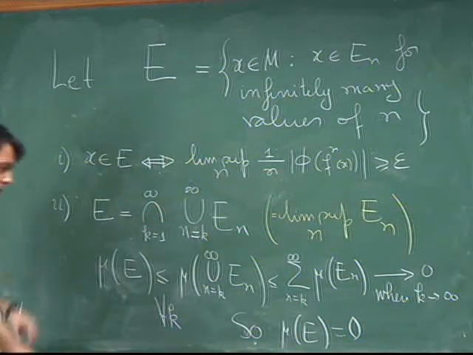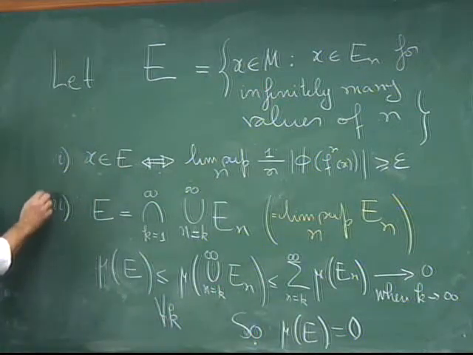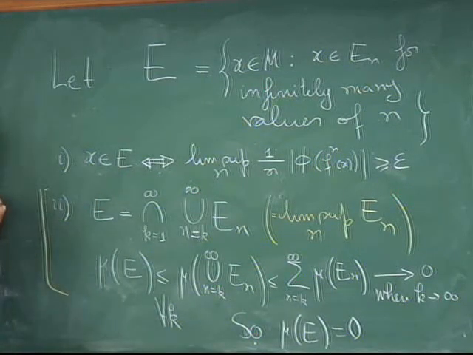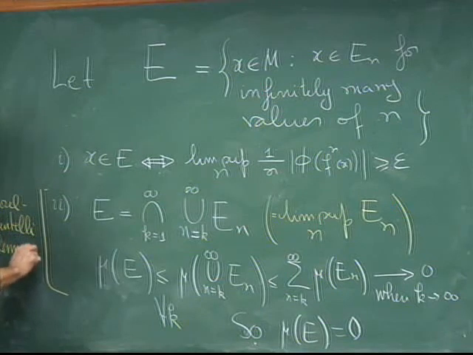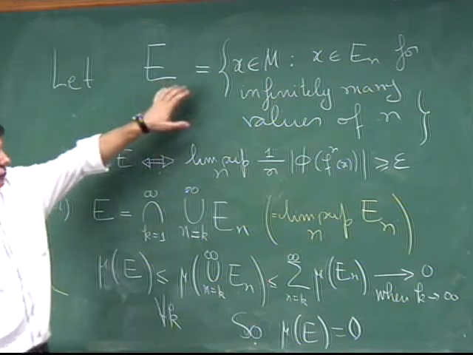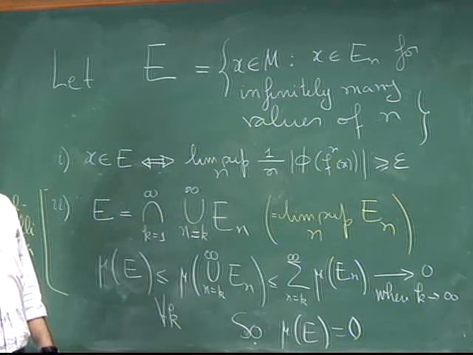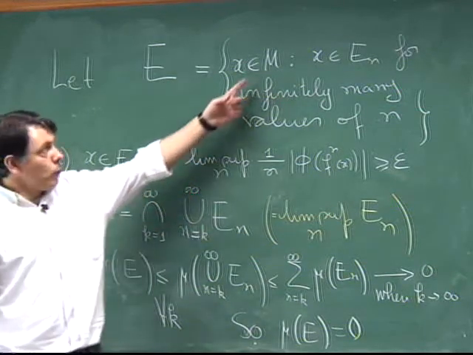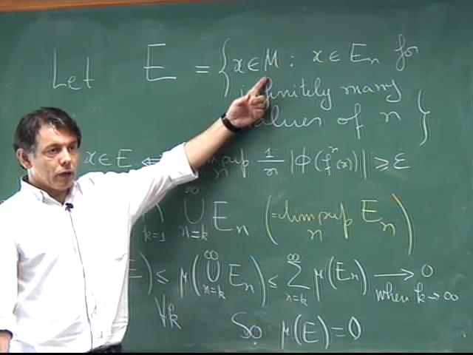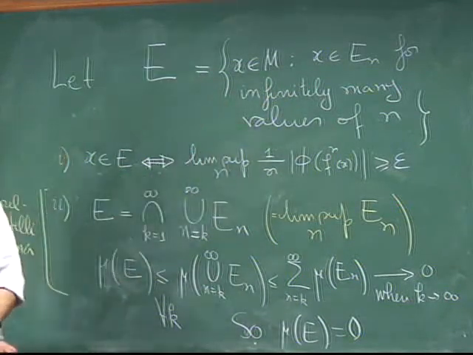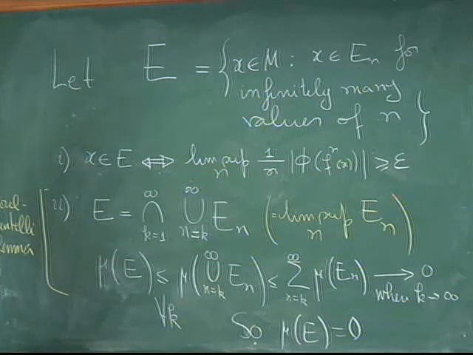Now, I have to give credit. This is called the Borel-Cantelli lemma. If you have a sequence of sets whose measures are summable, then almost any point belongs only to finitely many of those sets. The set of points x that belong to an infinite number of those sets has measure 0.